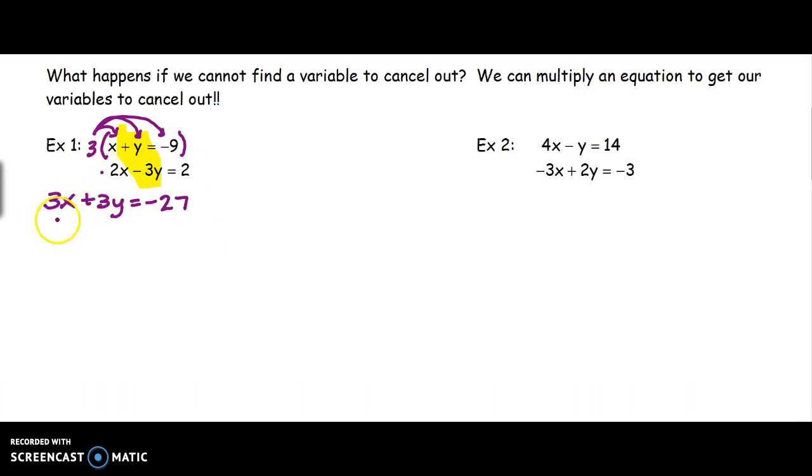Okay, and then rewrite your second equation so it lines up underneath it. 2x minus 3y is equal to 2. And if you notice, now your y's are ready to be canceled, and it's going to solve just like we did before.